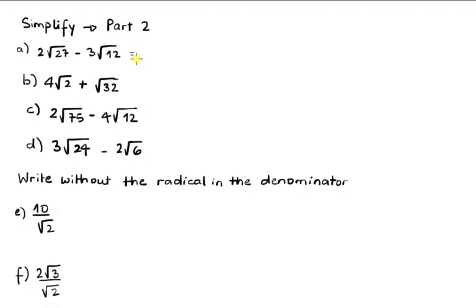and I desire to do that because 9 is a perfect square. So I start off, I say this 2 times 9 times 3 minus 3, and 12 I choose to write as 4 times 3 because again 4 is a perfect square.